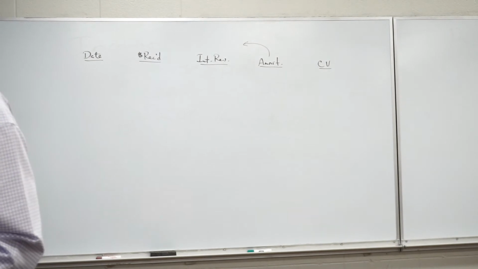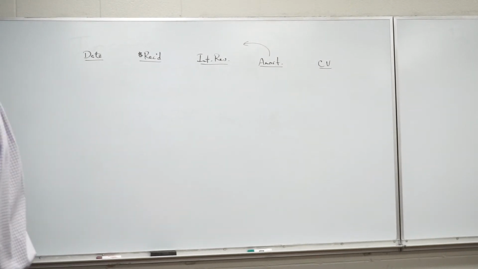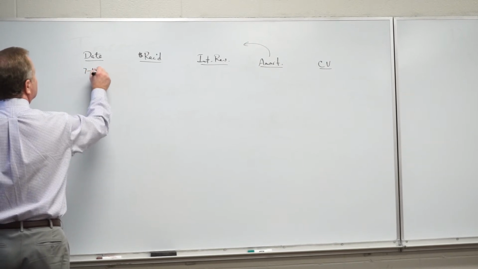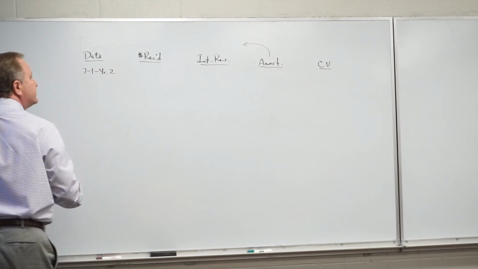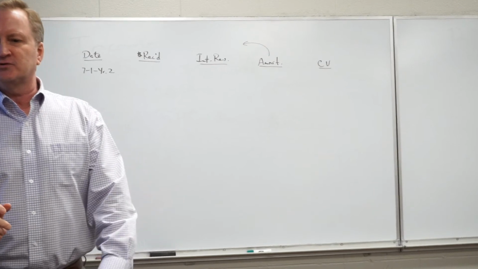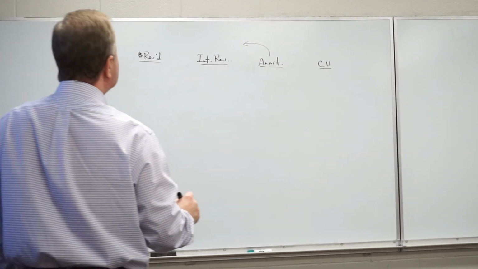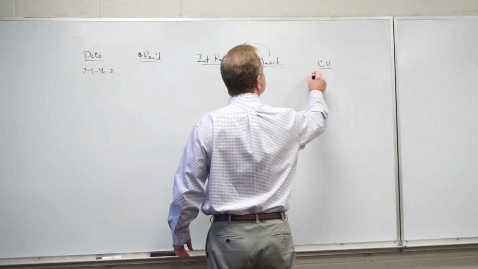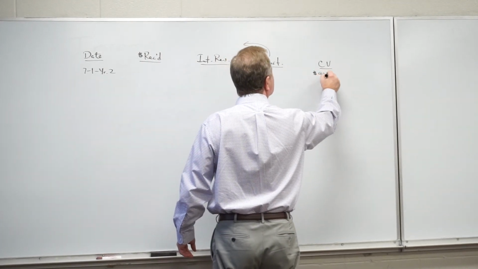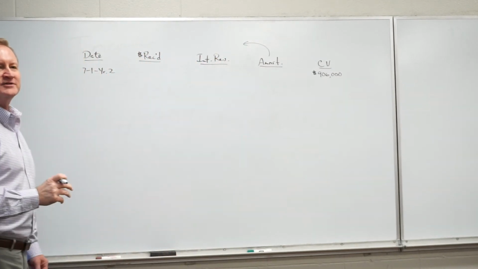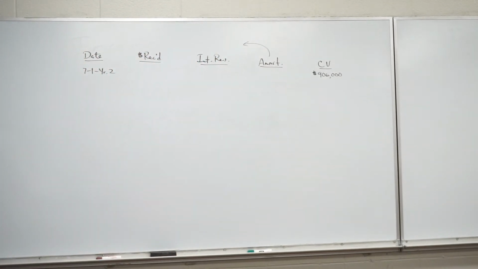This date is July 1 of year 2. And the carrying value was what, 909, 906? No, it was 946, including $40,000 of prepaid interest.